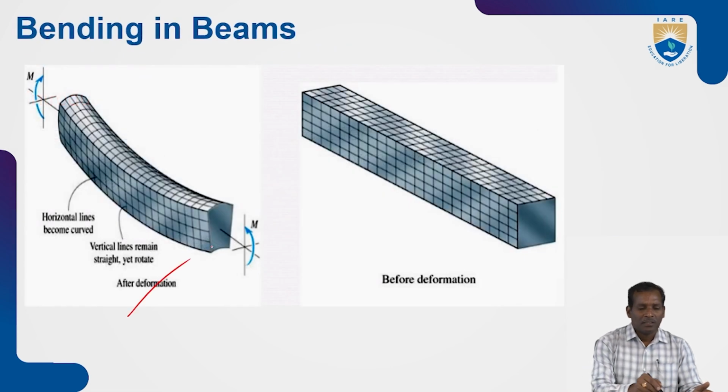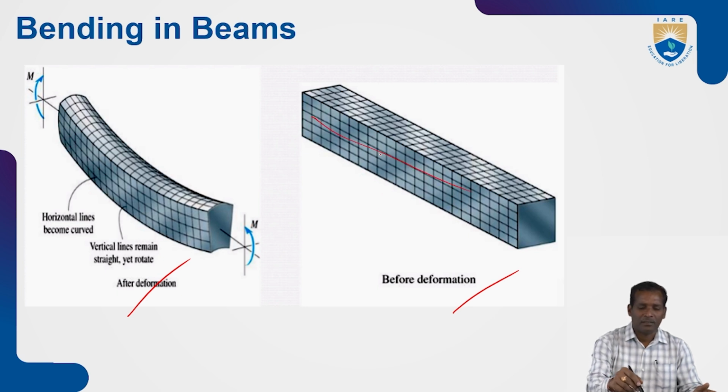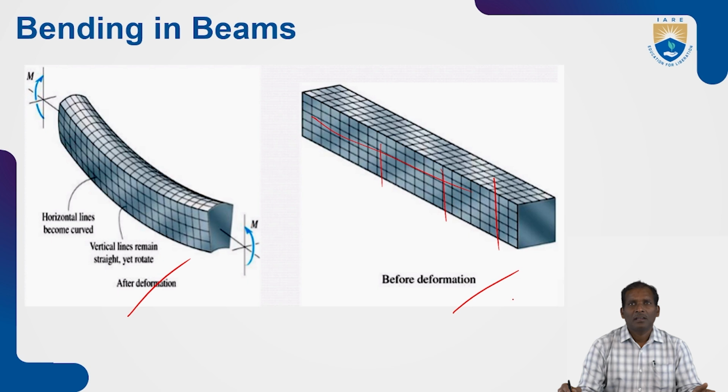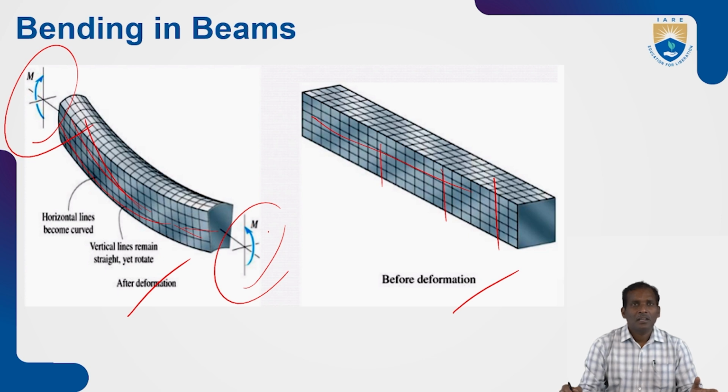In bending of beams, before deformation there is no disturbance in the horizontal lines and vertical lines. But after subjected to loading, the horizontal lines become curves and the vertical lines remain straight.